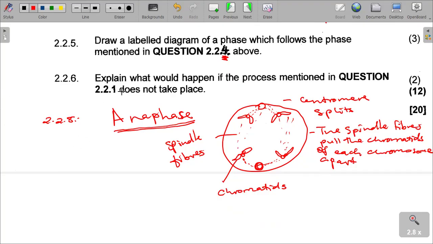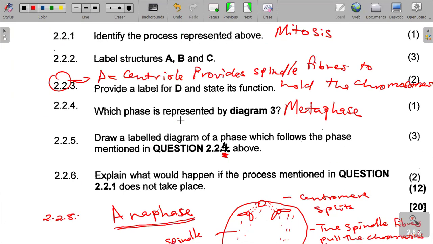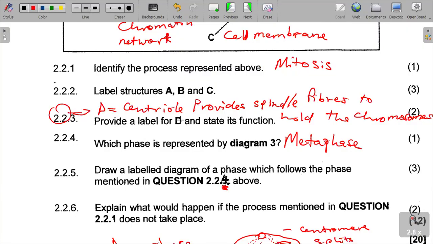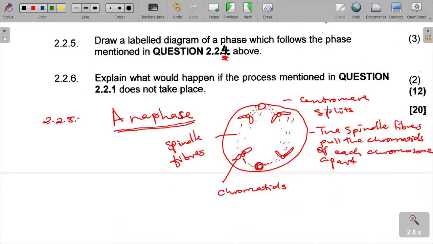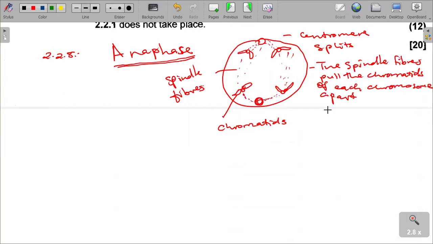The next question is saying, explain what would happen if the process mentioned in 2.2.1 does not take place. We are talking about the process of what? The process being referred to is mitosis.